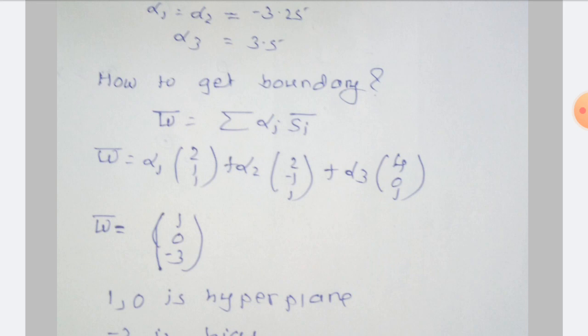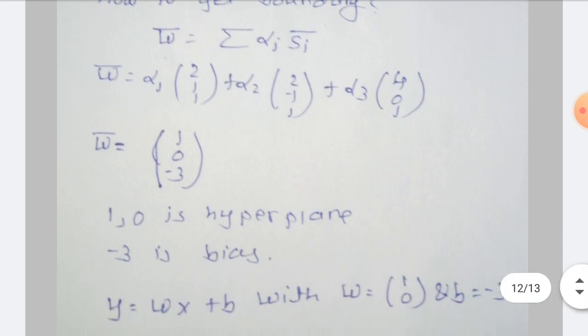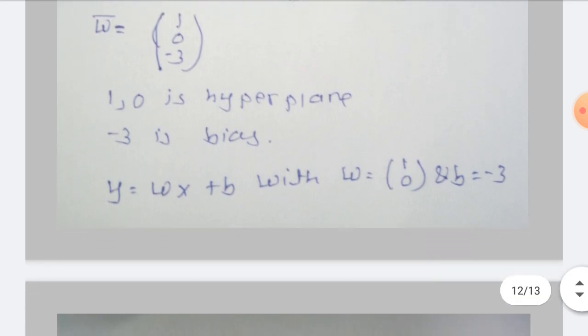Now, we know that the first two values, 1 and 0, give the hyperplane and the third value is the bias value. Now, how to draw the hyperplane for these 1, 0 and minus 3 values? Just remember, if we compare this with y is equal to wx plus b, we are getting w as (1, 0) and b is equal to minus 3.